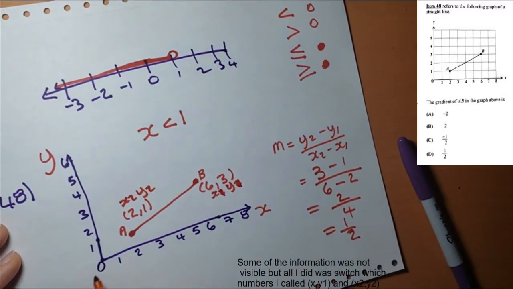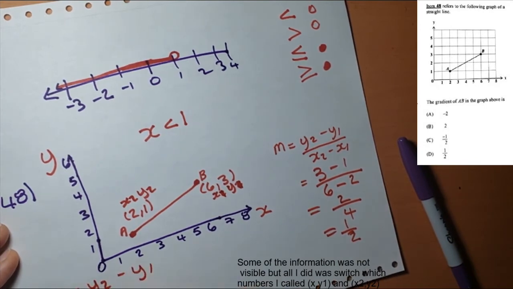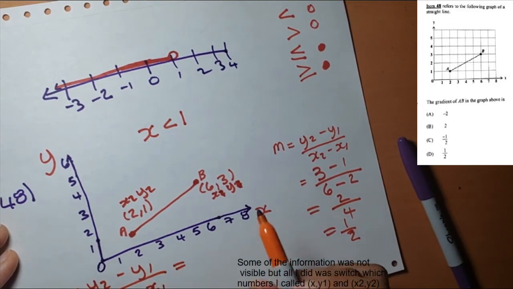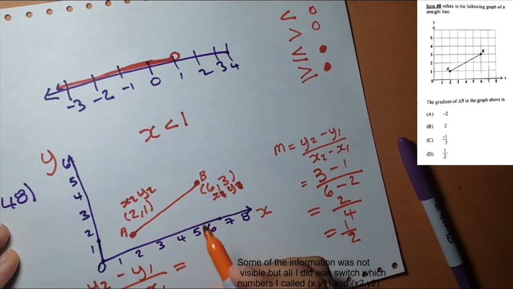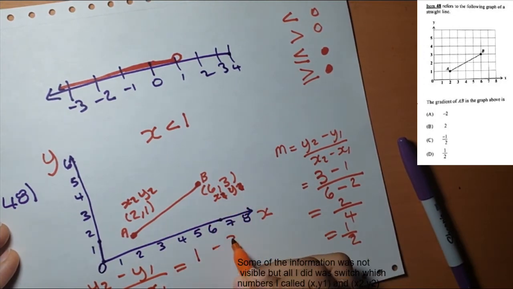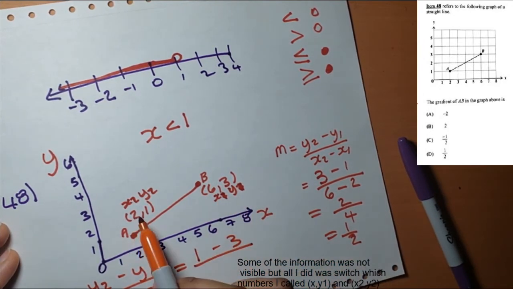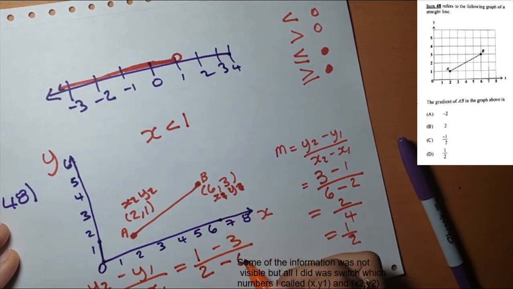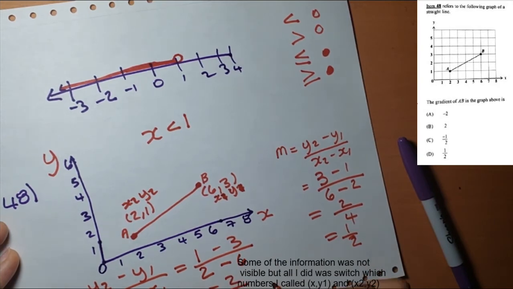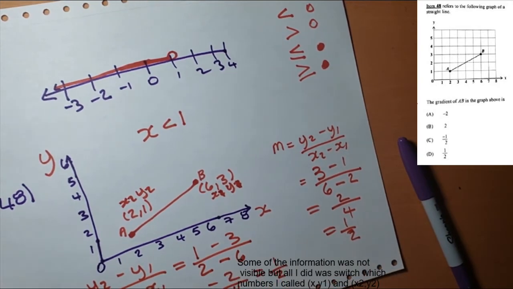So we have the new y2 minus y1 over x2 minus x1. So we have -2 over -4, negatives cancel and it's still a half.